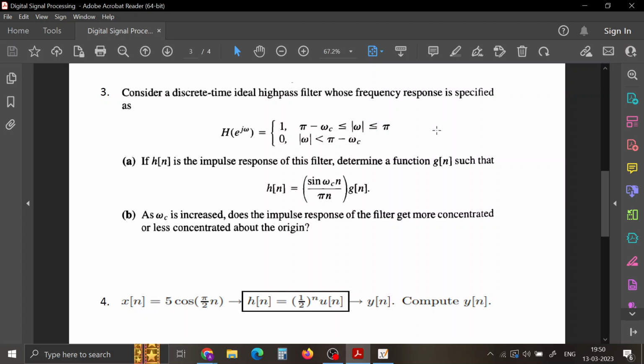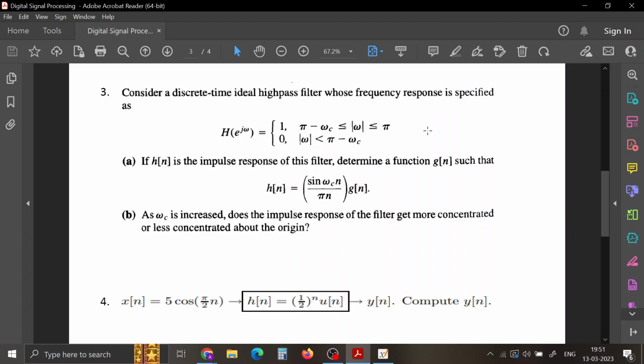So this was in fact also discussed in the lectures, but in the lectures there was a slight modification. Here in the frequency response you have the value 1 for mod omega lying between pi minus omega c to pi, but in our lectures, if I am not wrong, this value was 1 for mod omega lying between omega c and pi.